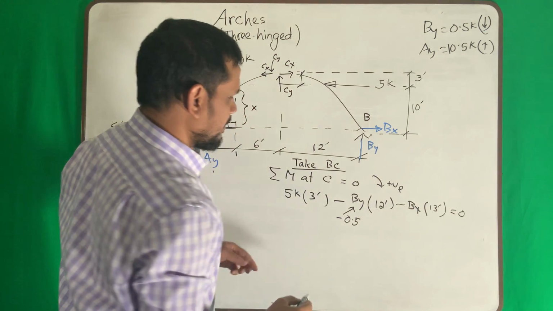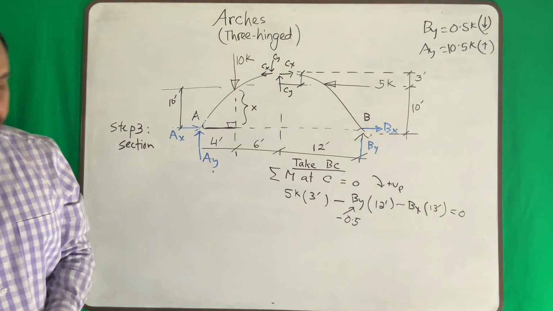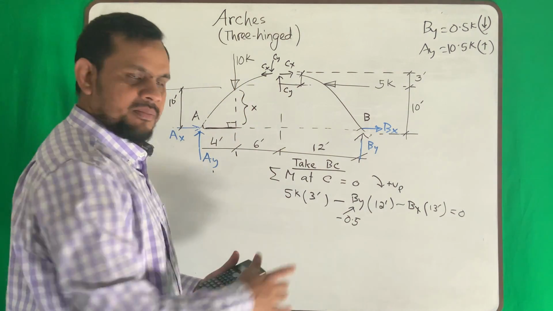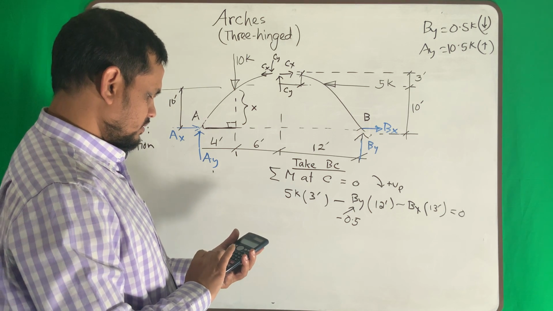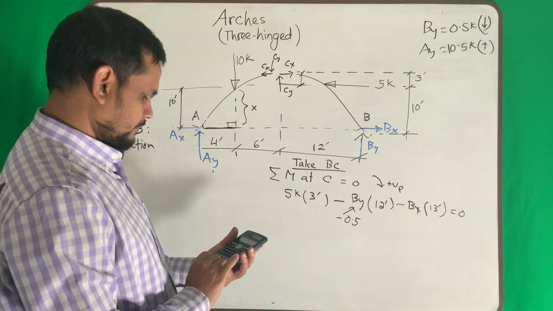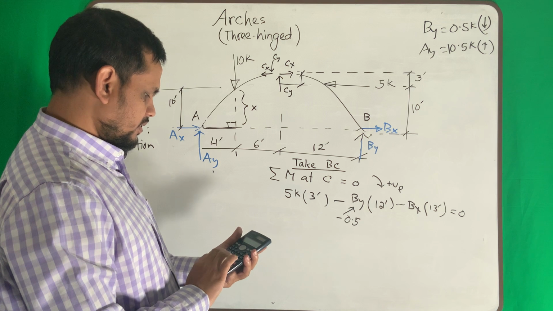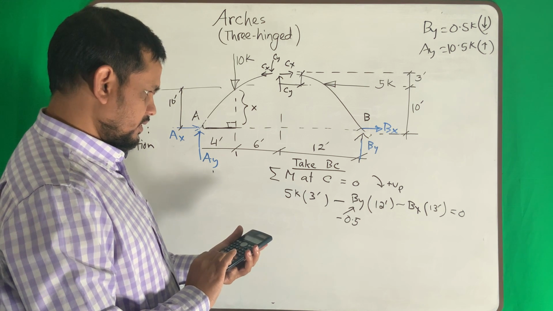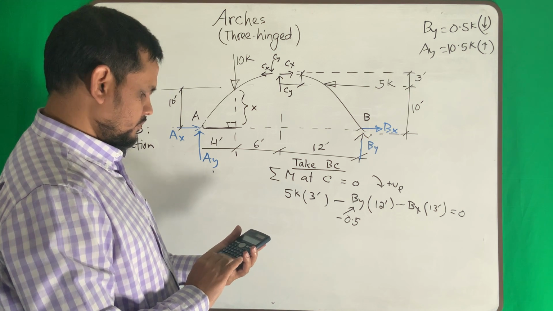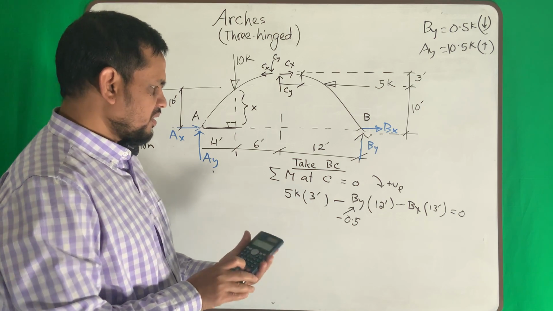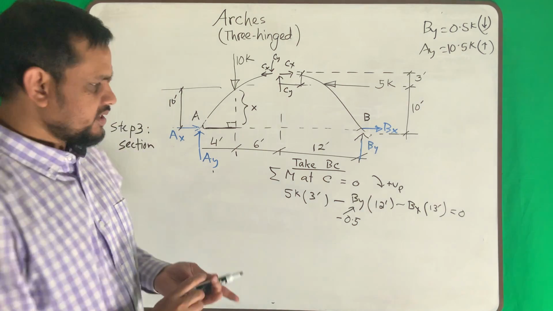Minus 0.5. So if I do the calculation, I skip some lines here to save space. Plus 0.5 times 12, I got Bx 1.6.